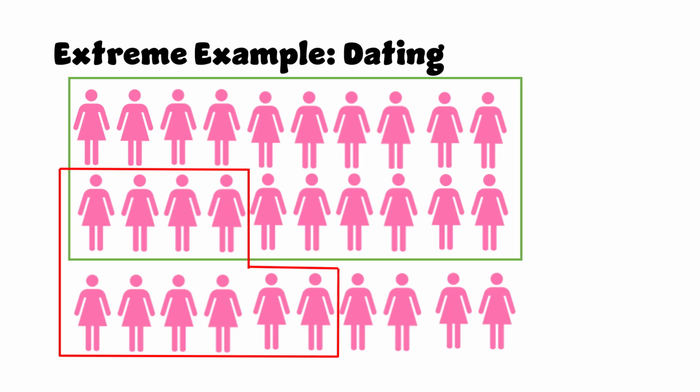And the red box is those who would not be well suited to a relationship due to personality issues, incompatibility, a variety of other things. They don't really make good long-term romantic partners or spouses.